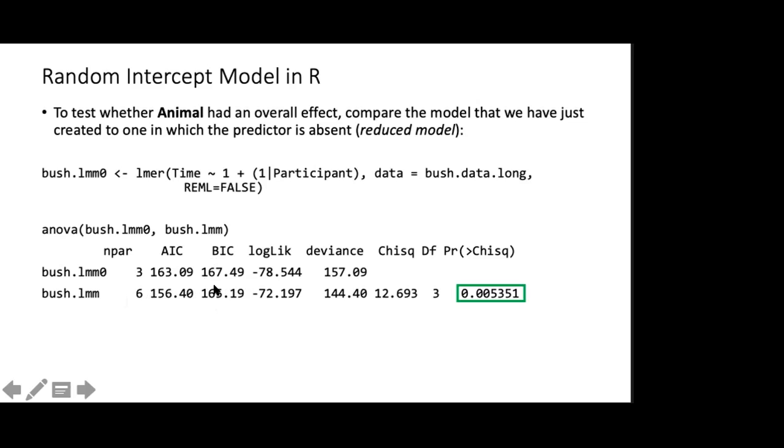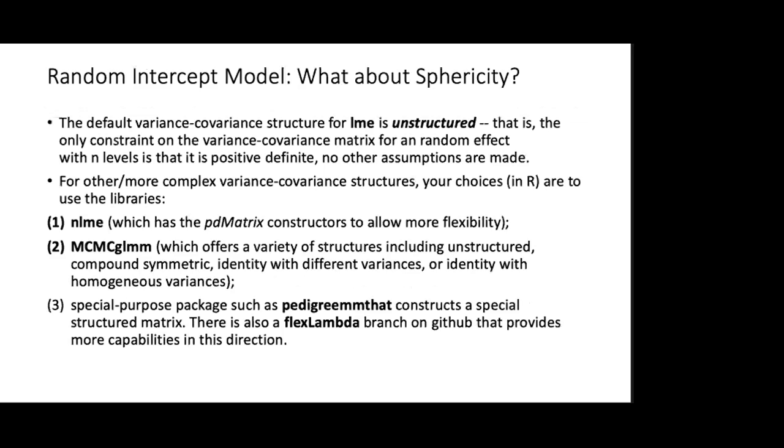But it's still better. Then you have the log likelihood ratio, which is your actual test statistic. It follows a chi-squared distribution with these degrees of freedom, and that is your corresponding p-value. That shows you that animal is significant.